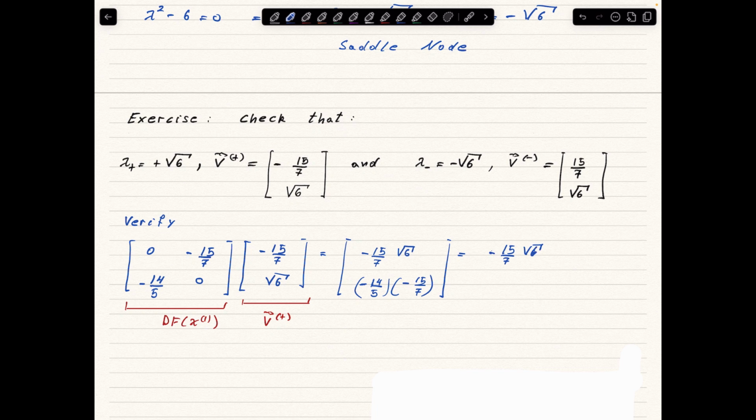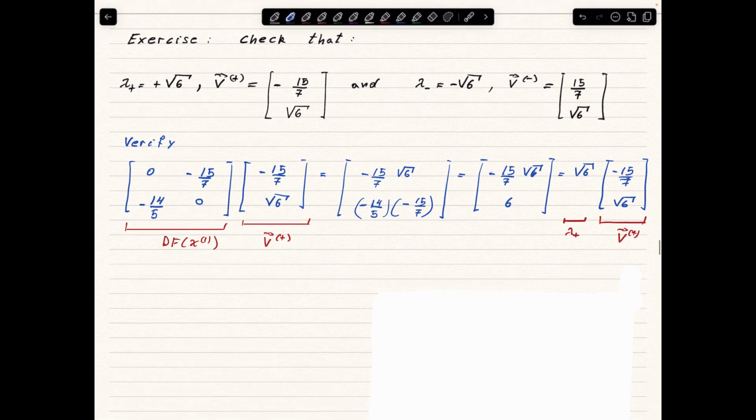On the bottom, we have the same cancellation as before, and we have a 6. So we can pull out a common factor of square root of 6. And what do we get? We get the vector negative 15/7 and square root of 6, which happens to be v plus, and that here is what we call lambda plus. So yes, this is an eigenvector, and check that the other is also an eigenvector for the other eigenvalue.